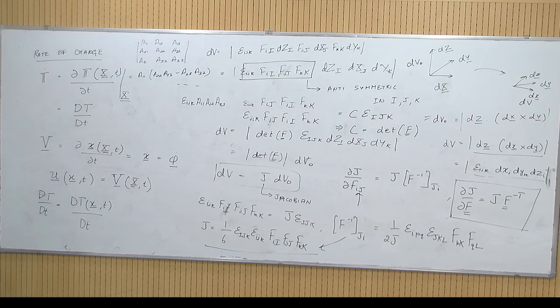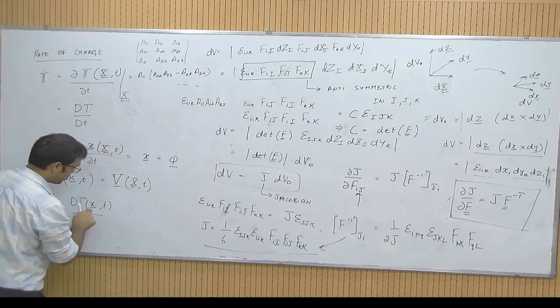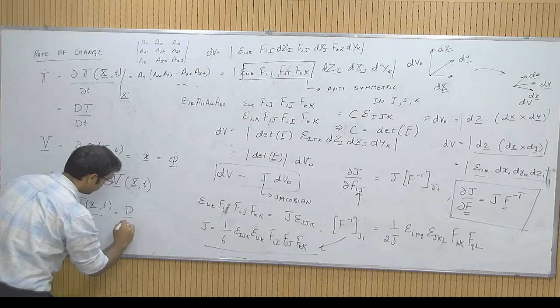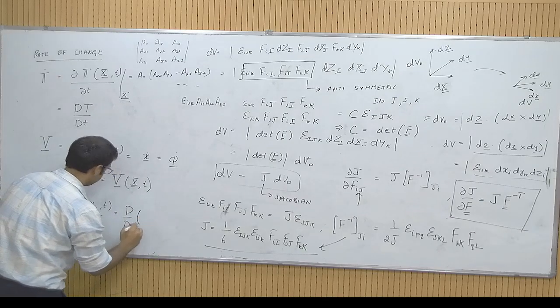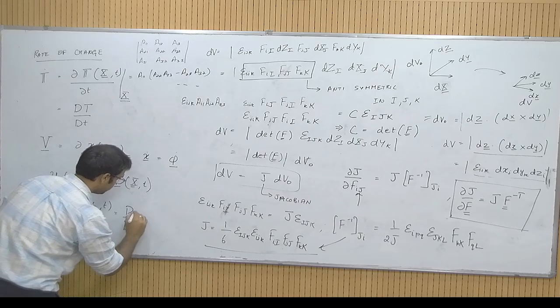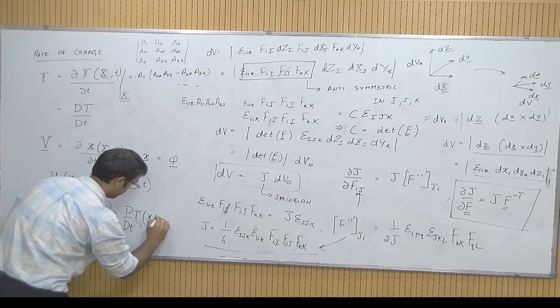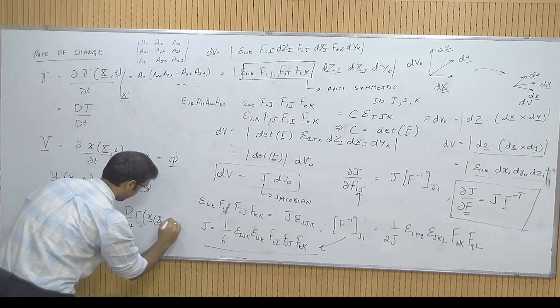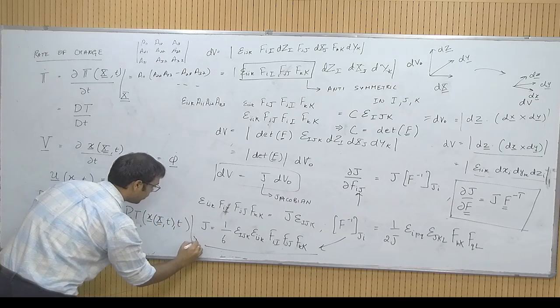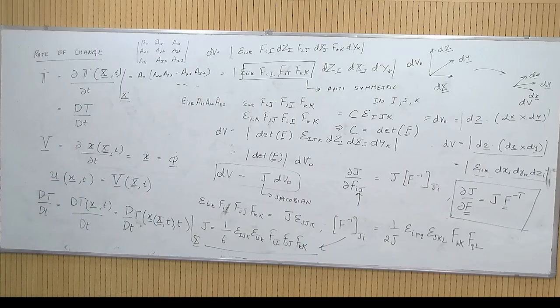We don't need to keep small x constant. We need to keep capital X constant. So this is what we have to do. You have to keep the capital X constant.